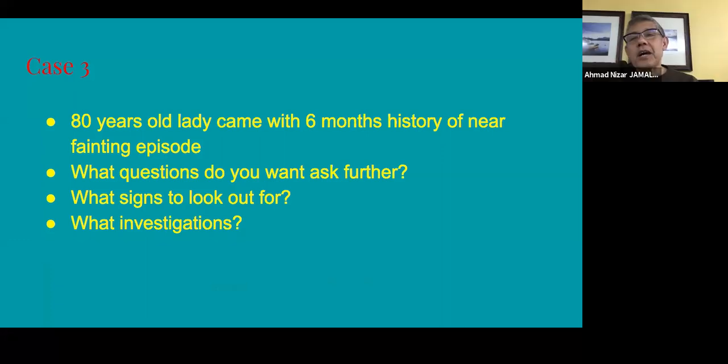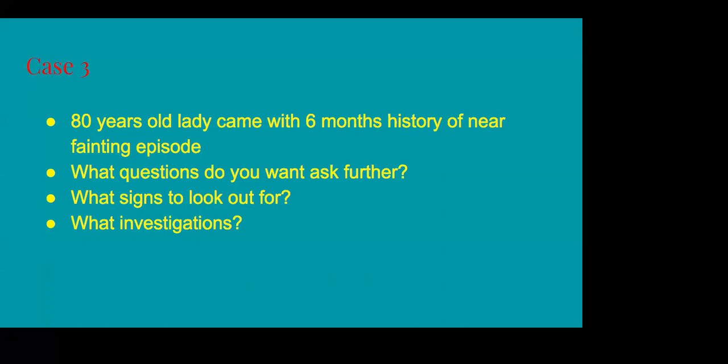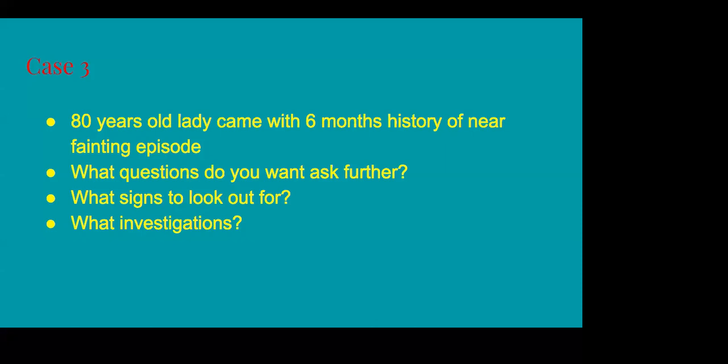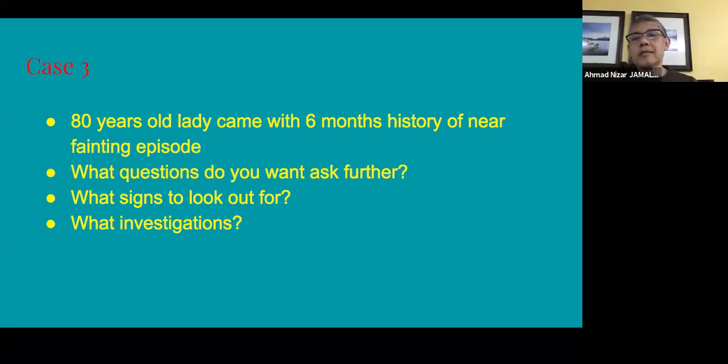But you can't ask about hypoglycemia directly. What you can ask is whether they are on any medicine. Yes, hypoglycemic agents, especially sulfonylurea, or insulin. Underlying hypertension. Family history of palpitation, chest pain, sudden death.